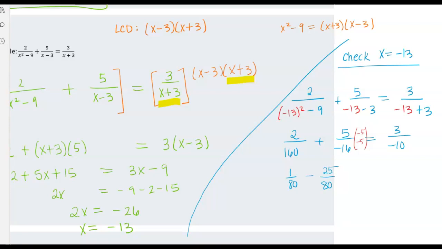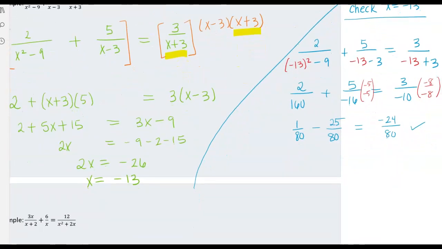And then multiply this guy by negative 8 over negative 8. I'm just trying to get all of the denominators to be 80 so I can compare them. Negative 24 over 80. Yeah, this is going to work. 1 minus 25 will give me that negative 24. So it looks like this works. And our solution here is x equals negative 13.